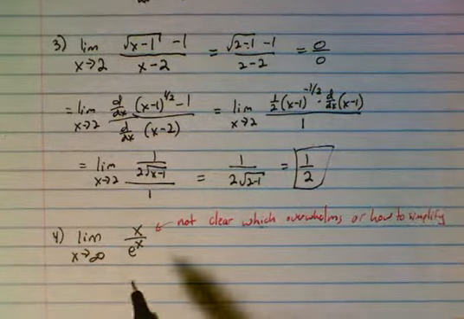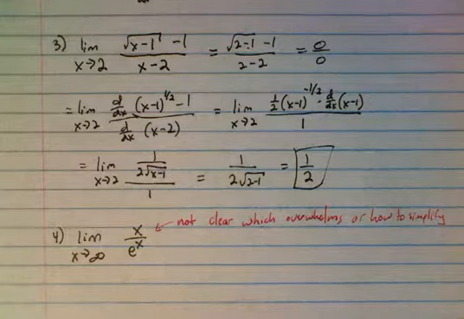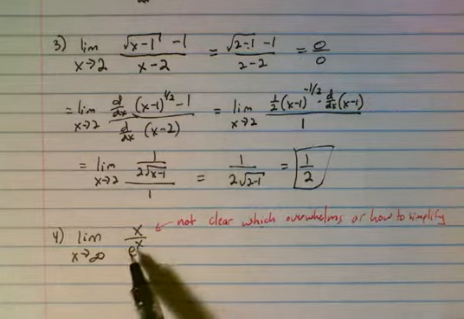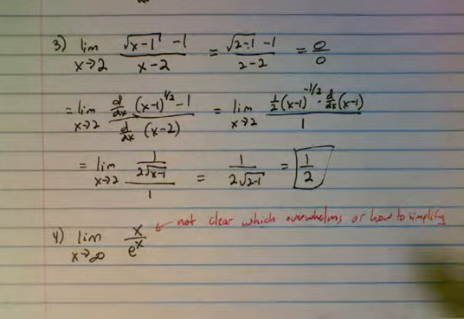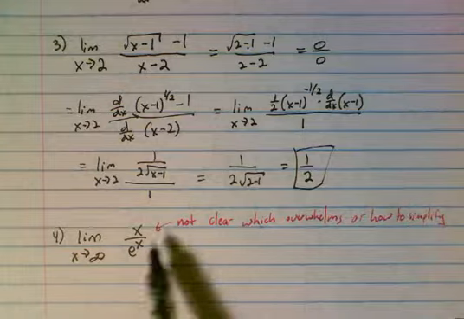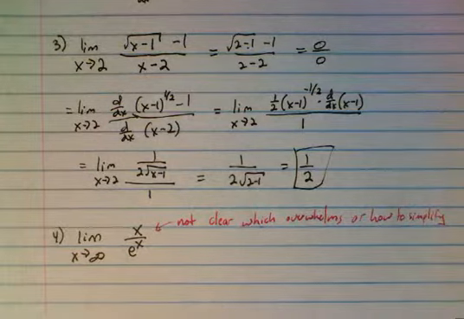It's really not clear which of these is a bigger infinity in a sense, although it is e to the x, incidentally. But these don't really cancel neatly.